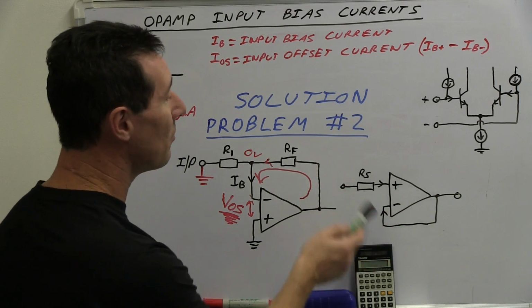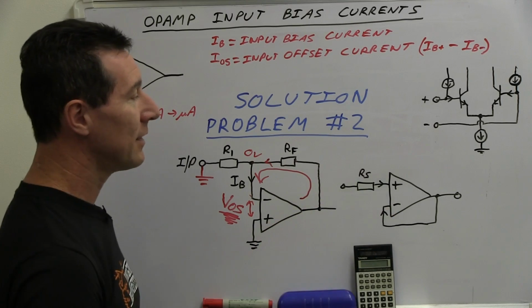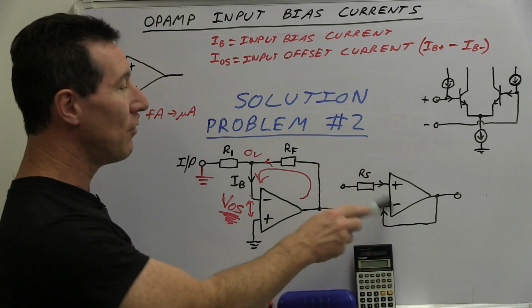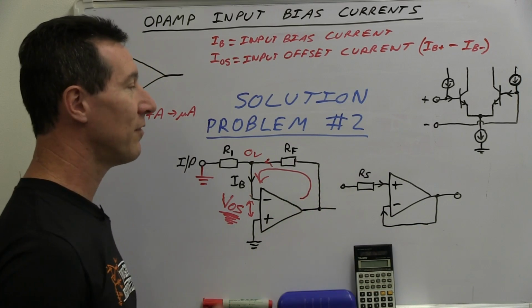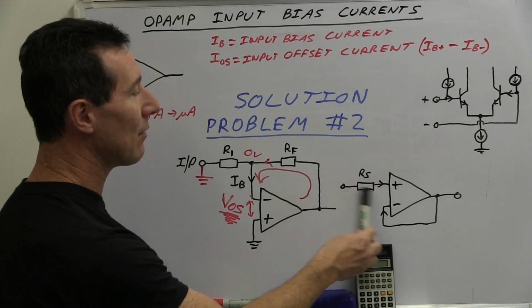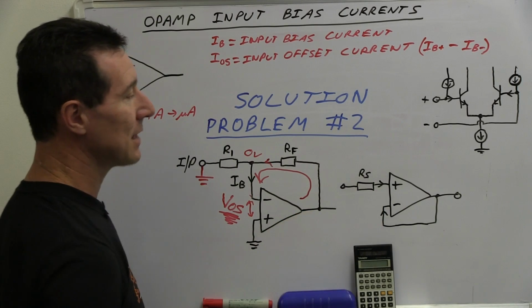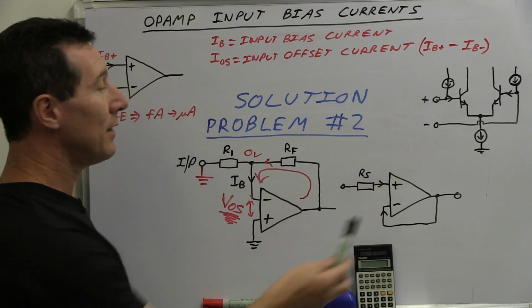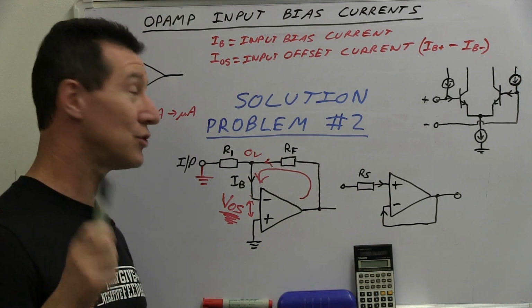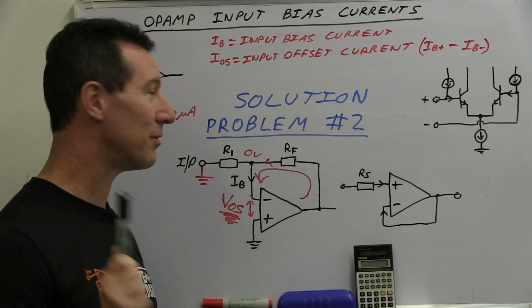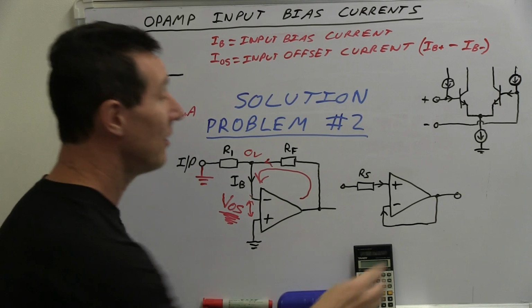Now let's go back to our original non-inverting configuration, where we've got a simple voltage follower with our source impedance RS in here, whatever value it is, causing the error due to the input bias current flowing through it. Well, we know that the other input has an equal and opposite input bias current. How do we cancel it out? Very easy.